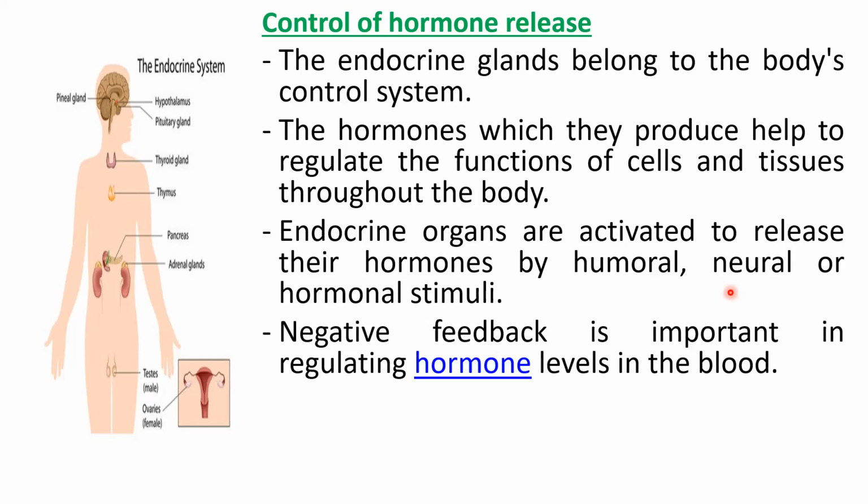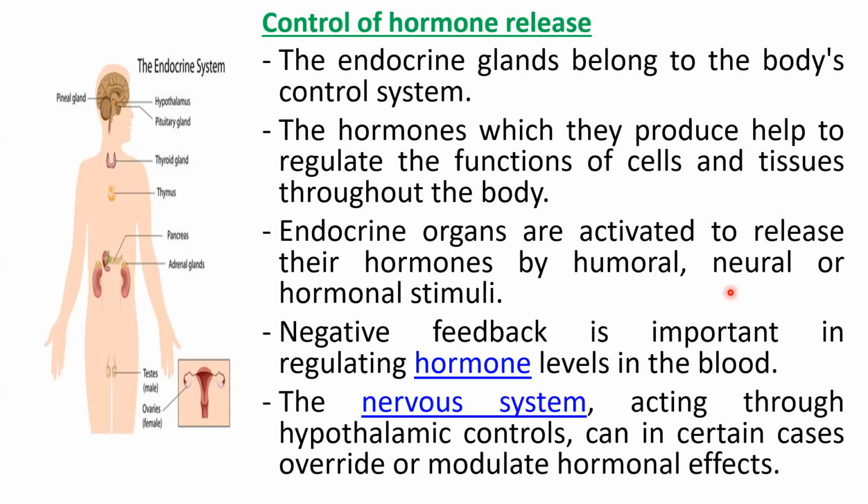As I told you, on the basis of that feedback, the secretion or synthesis of the hormones in the endocrine gland depends. So whatever the negative feedback, by which the levels of hormones are continuously regulated in the blood, on the basis of that feedback the secretion or synthesis of the hormones in the endocrine gland depends.